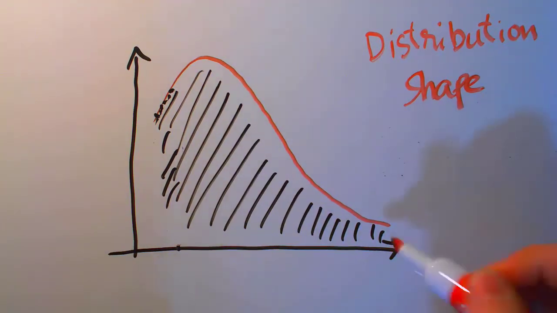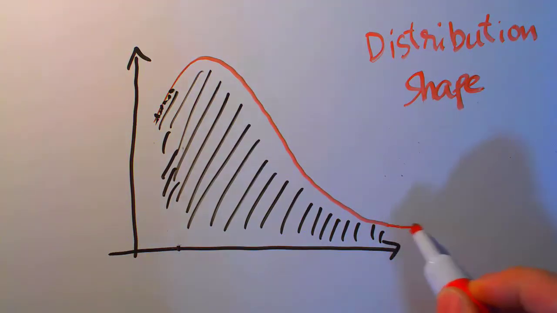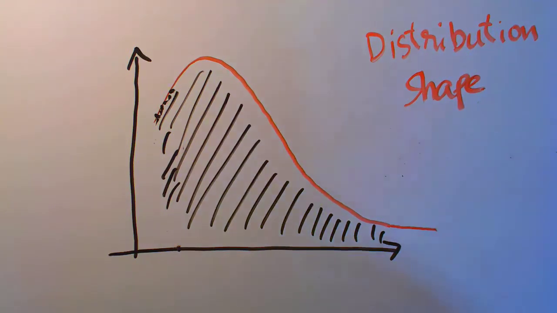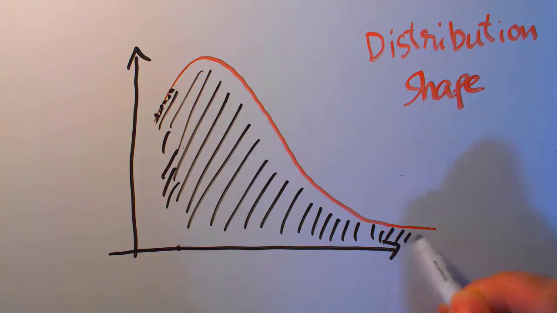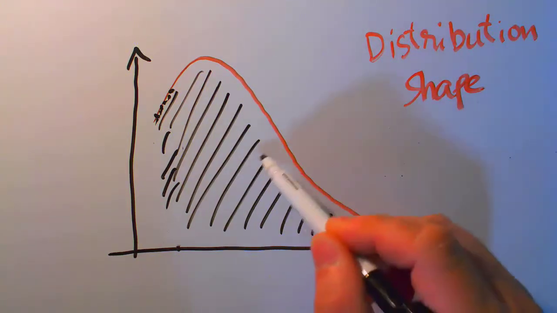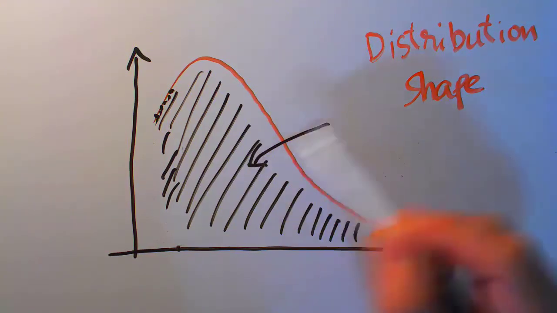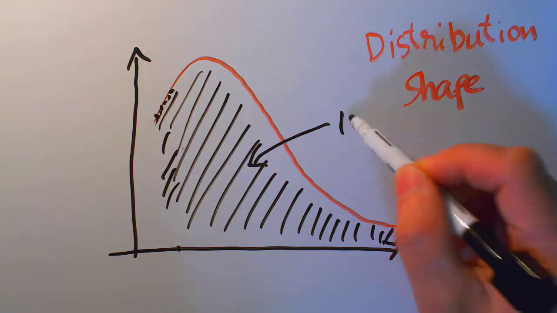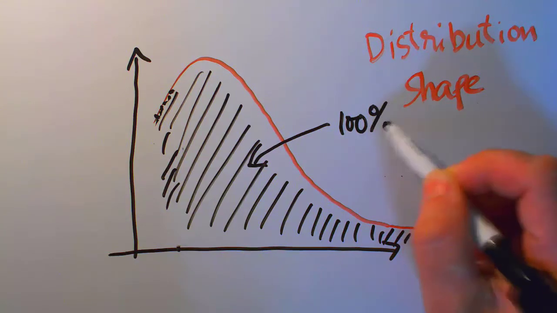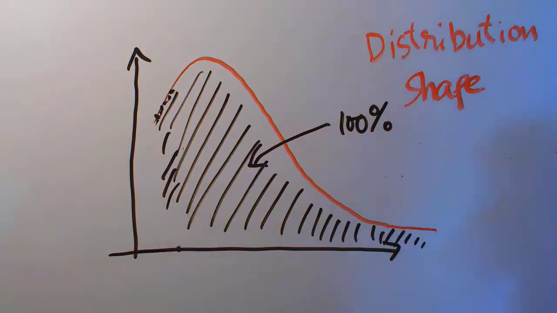The curve here might extend even infinitely further out, but no matter how far, it covers all your data. It's a little early to preview this, but a lot of times I call this 100% of all data, no matter how far it extends. All that shaded data inside of your distribution shape is 100% of all data.